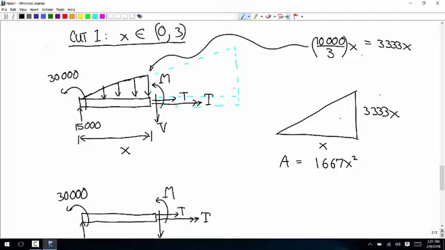And the centroid, this distance is x over 3. Sort of hard to read. Okay, so this is x over 3. The area is 3,333x times x over 2.